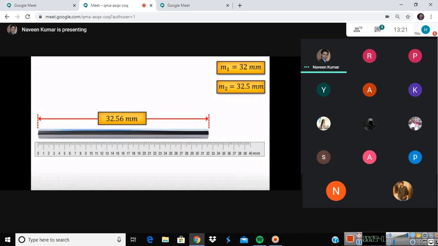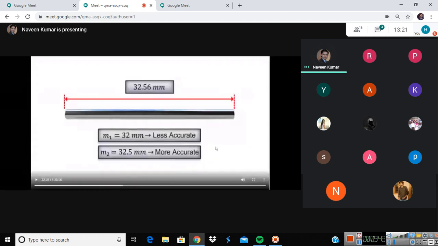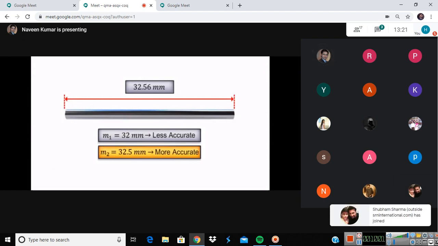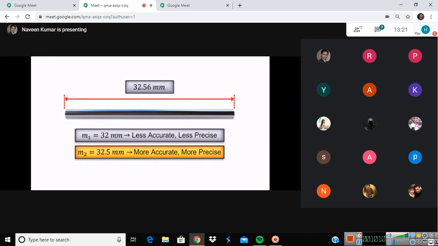Call this M1 and this M2. M1, 32 mm, is less accurate as compared to M2, 32.5 mm. M2 is more accurate as it is closer to the object's true value than M1. Also, M2 is more precise as the resolution of the instrument used is greater than that of the first one.